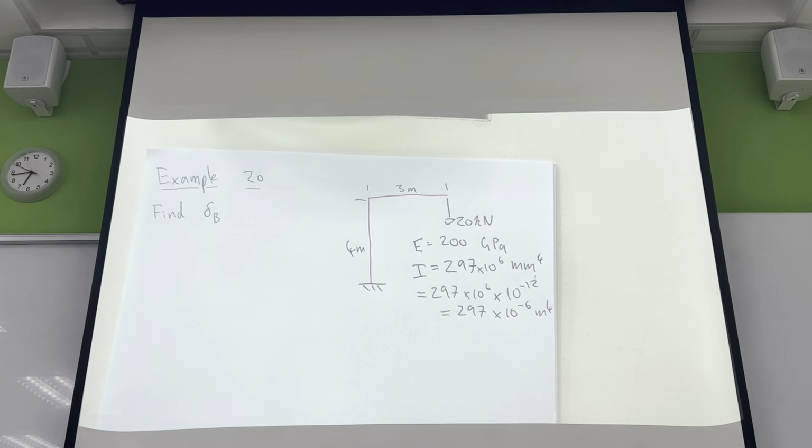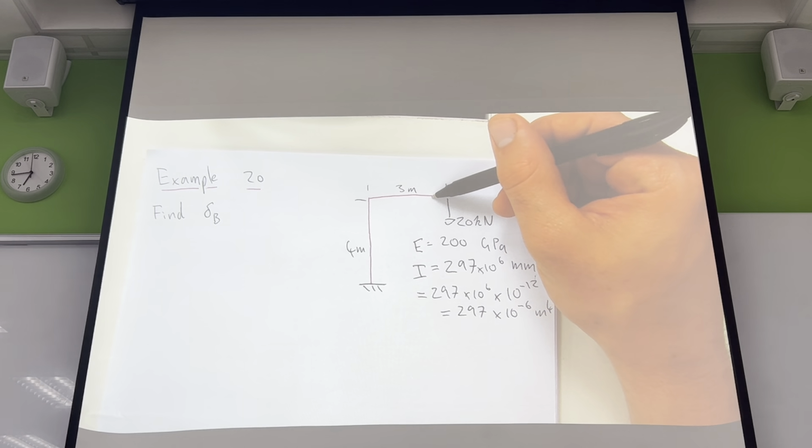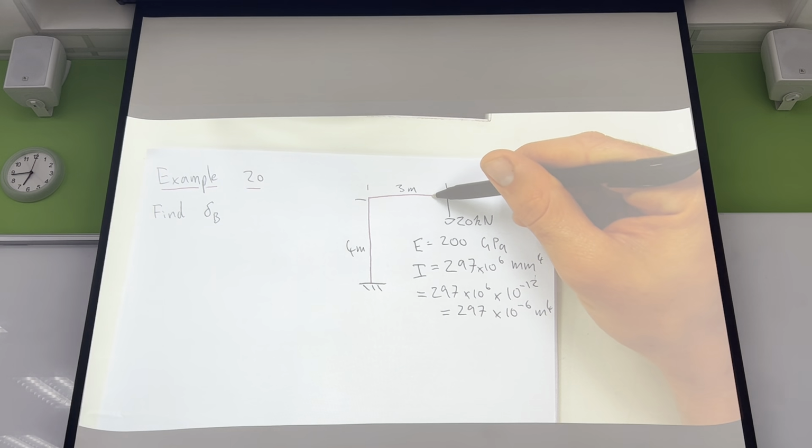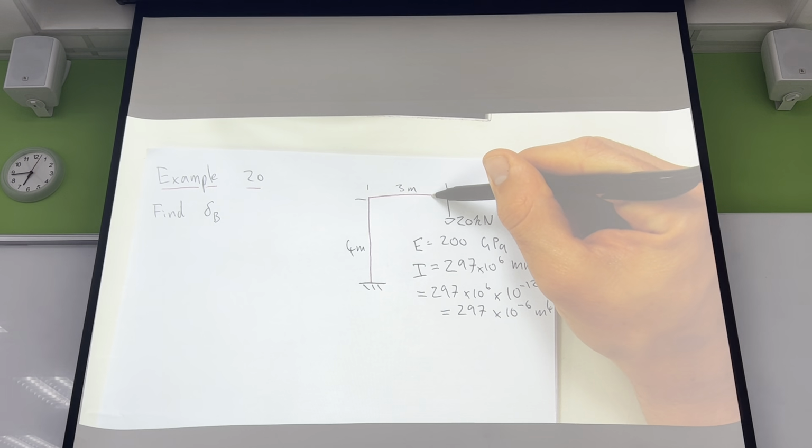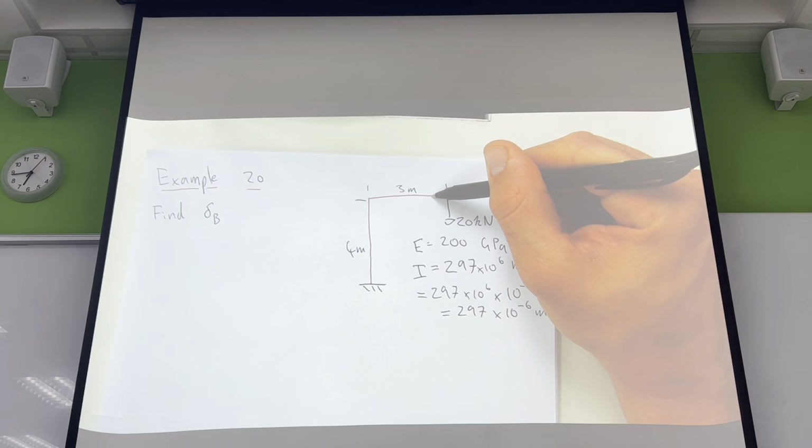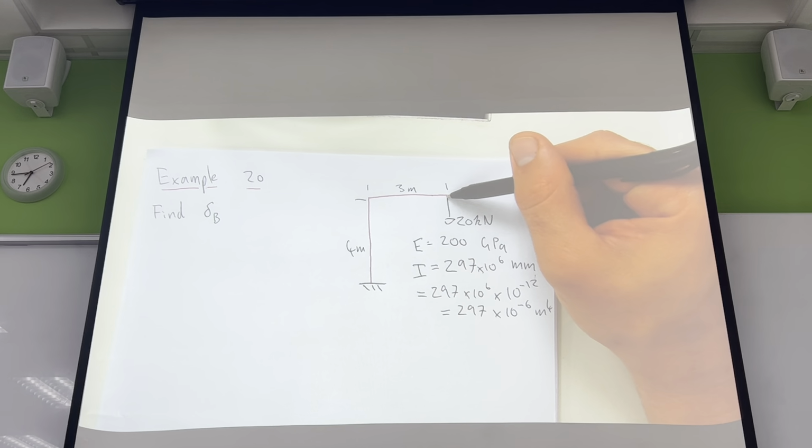Because it's an energy-based method, you can't look at other directions that aren't generating work. And similarly, you also can't look at the deflection at this point here, because there's no force being applied there. Even though there is a deflection there, there's no work being generated there. There's only work being generated at that point in that direction.